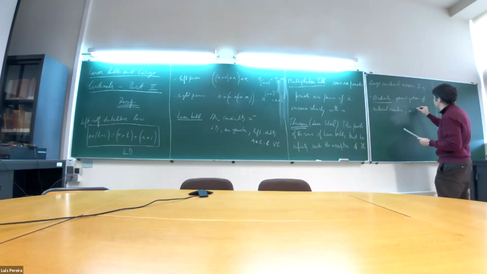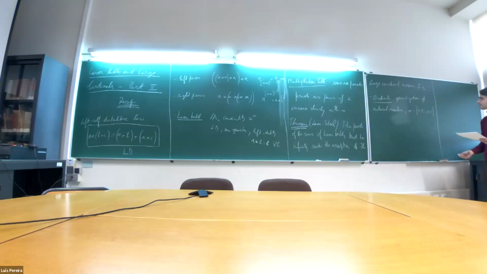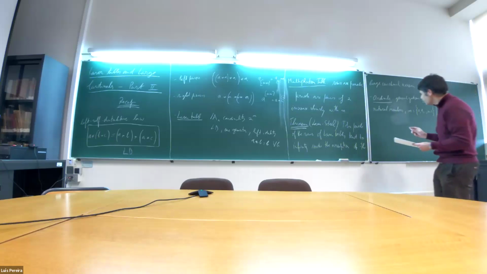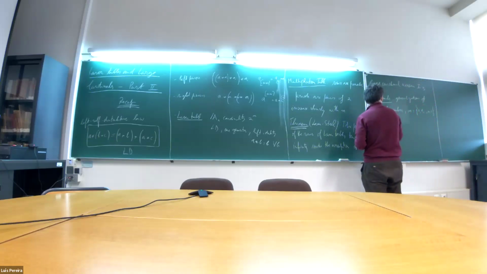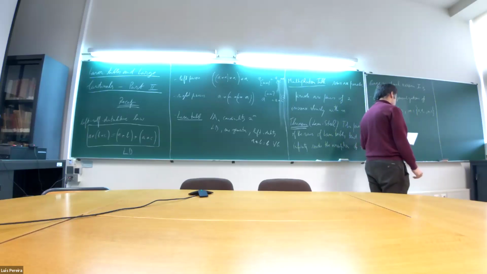We can see natural numbers as being sets, and they are, by definition, the set of its predecessors. And also, I defined what the well ordering is.